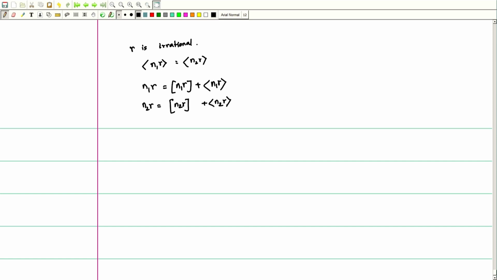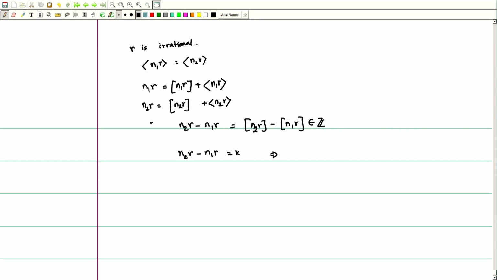Now, if I take the difference n2 gamma minus n1 gamma, this is equal to the difference of the integer parts, which belongs to Z. Therefore, n2 gamma minus n1 gamma is equal to k, where k is some integer.